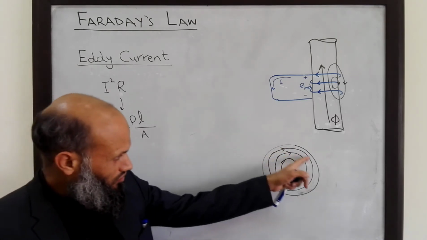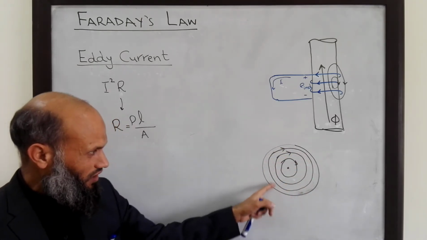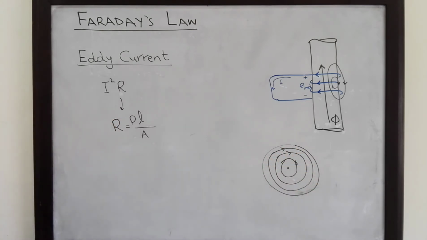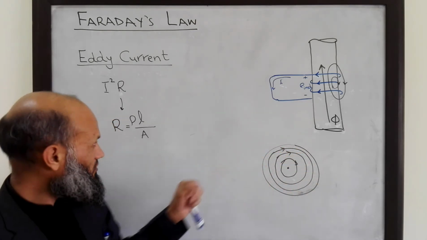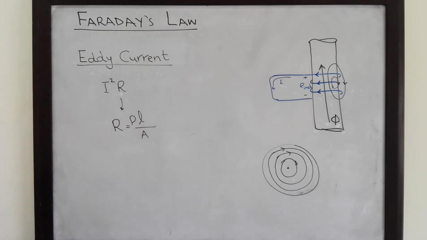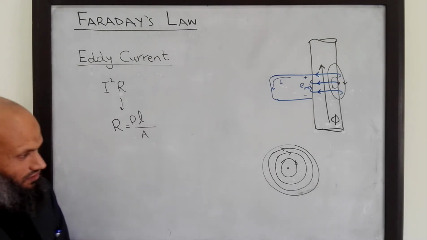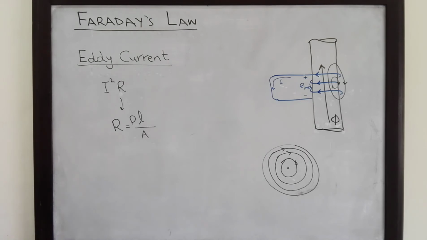So if we can somehow reduce the length of the path followed by these currents, the resistance encountered will be reduced, and hence the losses will be reduced. So what do you think can be a strategy to reduce the length of the path followed by the current?